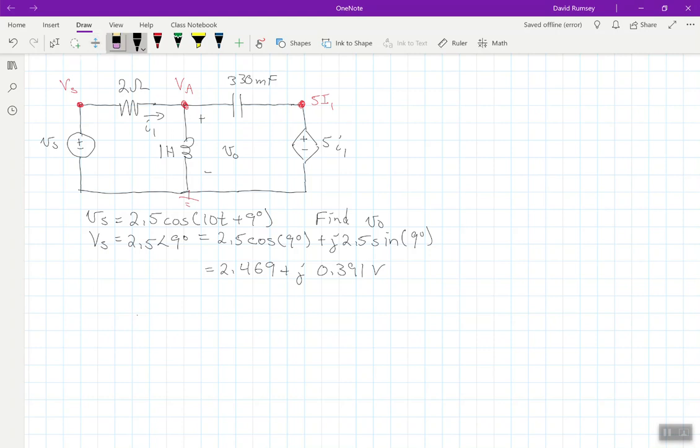So that's going to be this voltage supply here. So it'll be 2.469 plus j 0.391.